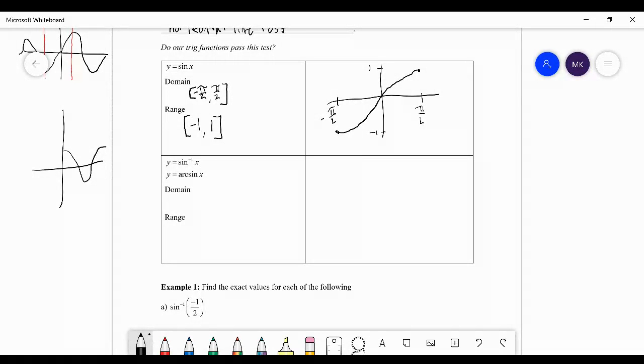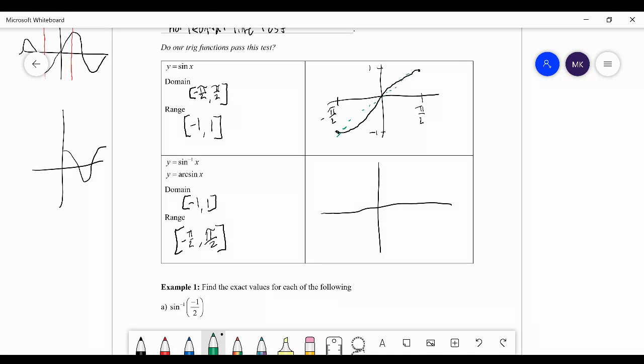The domain and range flip for inverses, so the domain of the arc sine is -1 to 1, and its range is -π/2 to π/2.